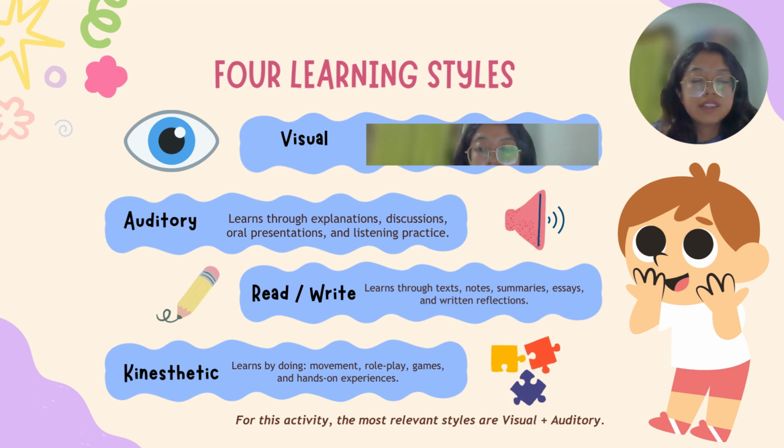And the kinesthetic learners learn by doing. They learn through movement, role play, games, and hands-on experiences. So in this activity, the most relevant learning styles are the visual and auditory, because students will learn by looking at images and listening to explanation or instruction.